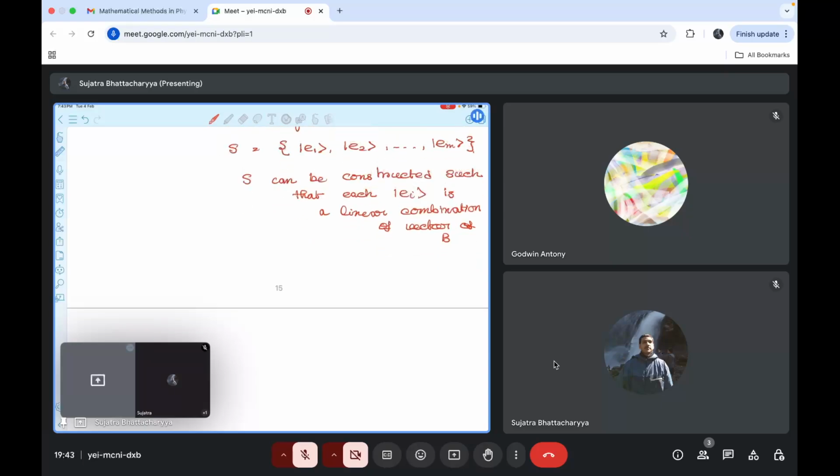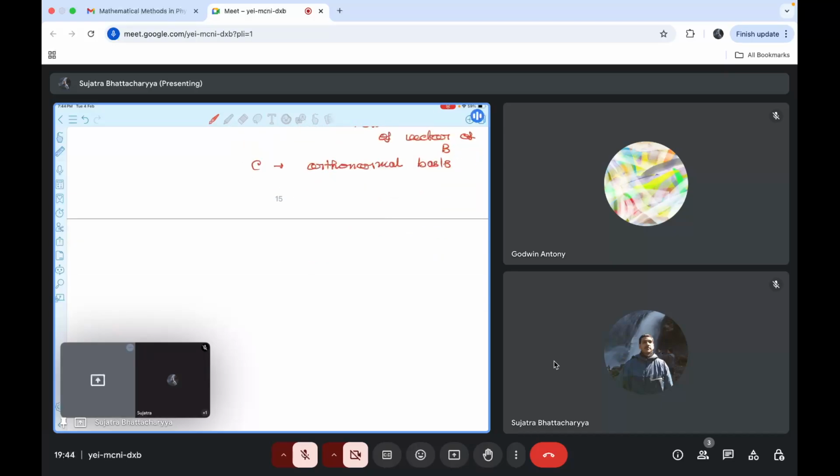Now, we can use this and orthonormalize it to form a new set of orthogonal bases. So C is, suppose, a new set of orthonormal bases because they will be normalized. So how can we write it?